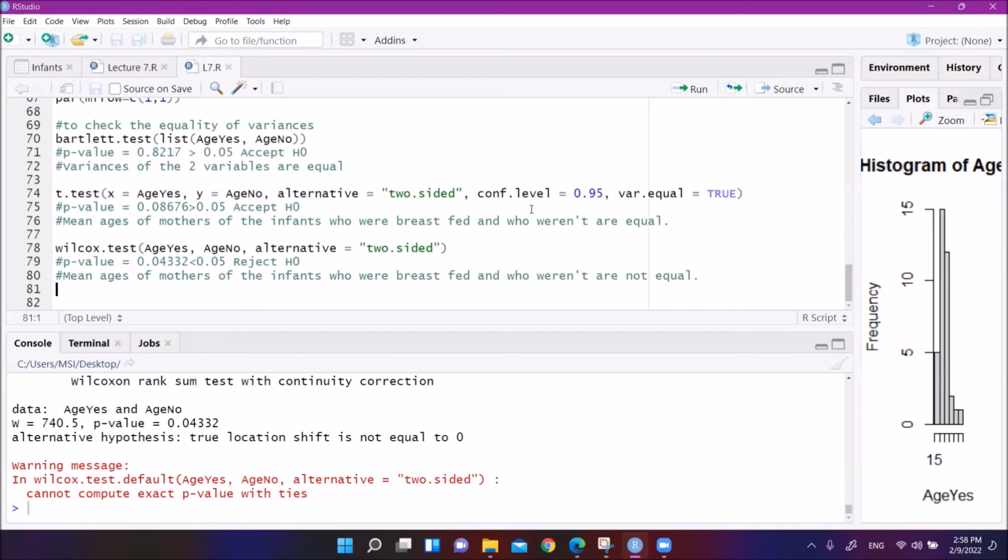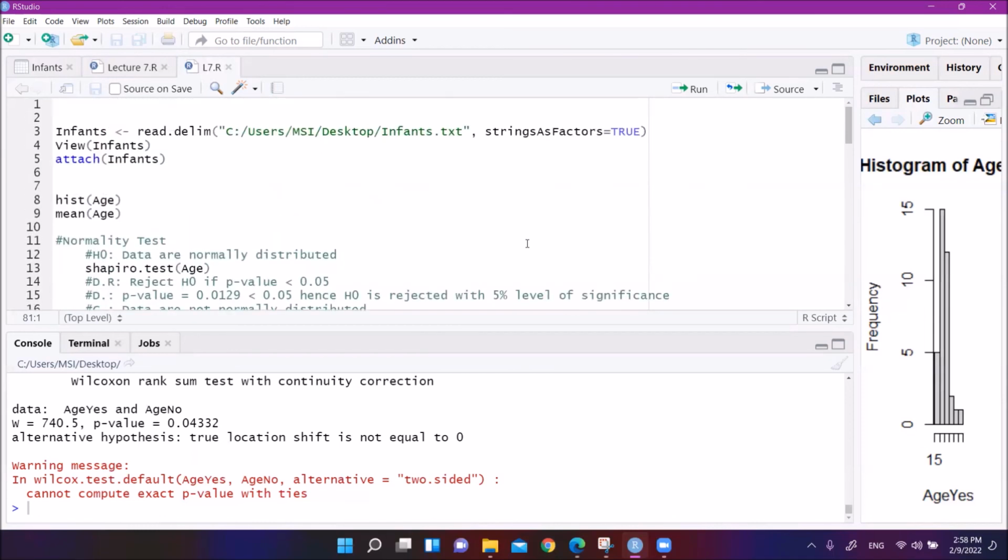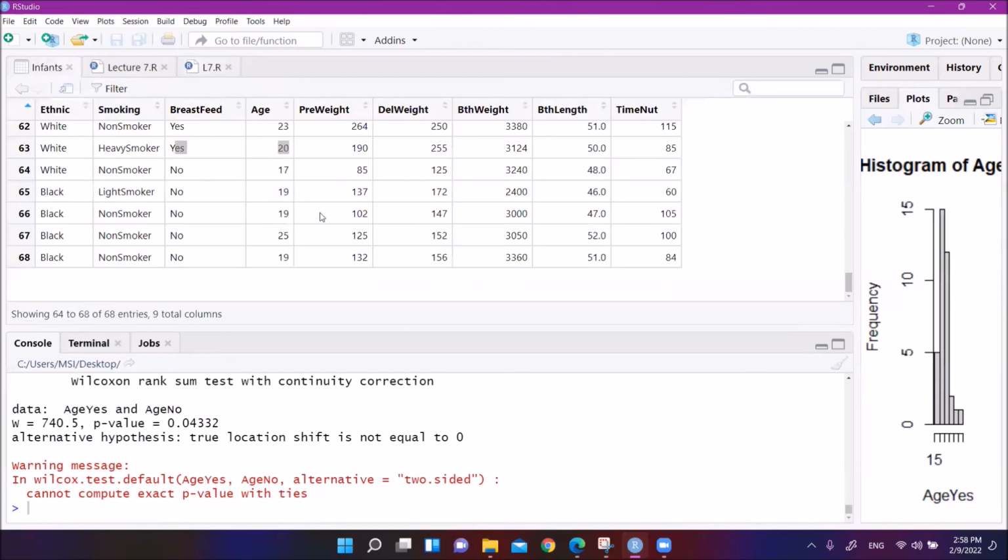Okay, so what we learned today is to handle the hypothesis test, parametric and non-parametric, for the one sample case and the two sample independent case. Just because you have the data set with you and so many other variables, like age, and so many other categorical variables, like breastfeed, right?